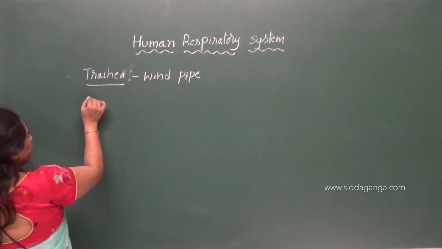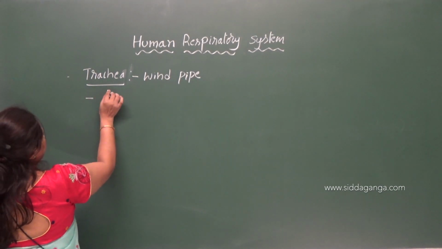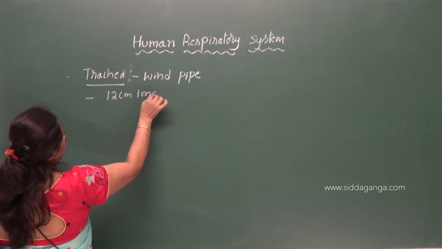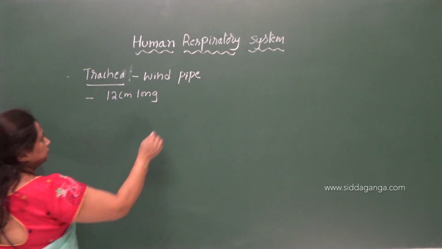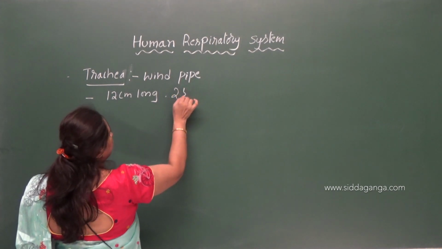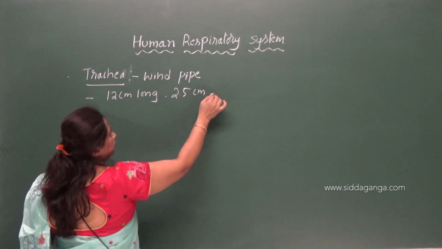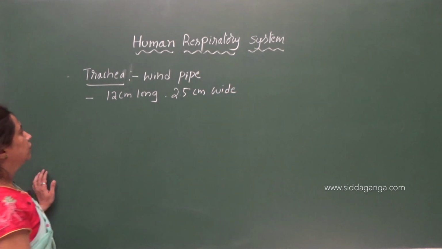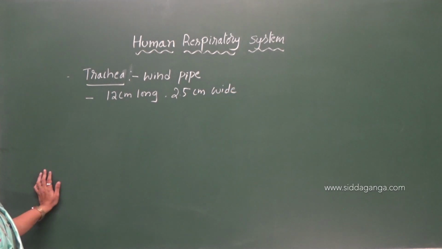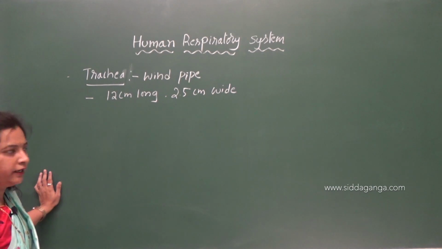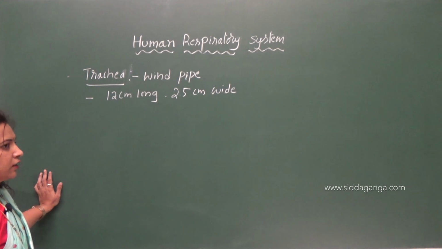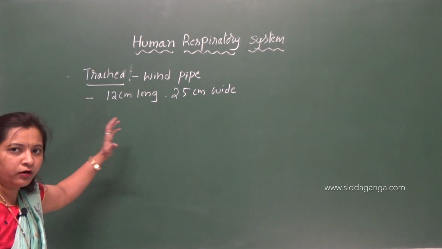It measures about 12 centimeter long and 2.5 centimeter wide. So what is the function of trachea? It helps in the conduction of air. So it is a passageway for the air.